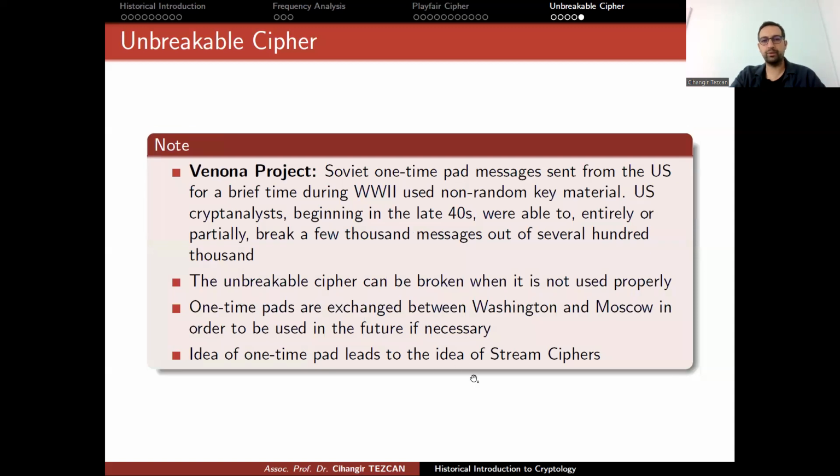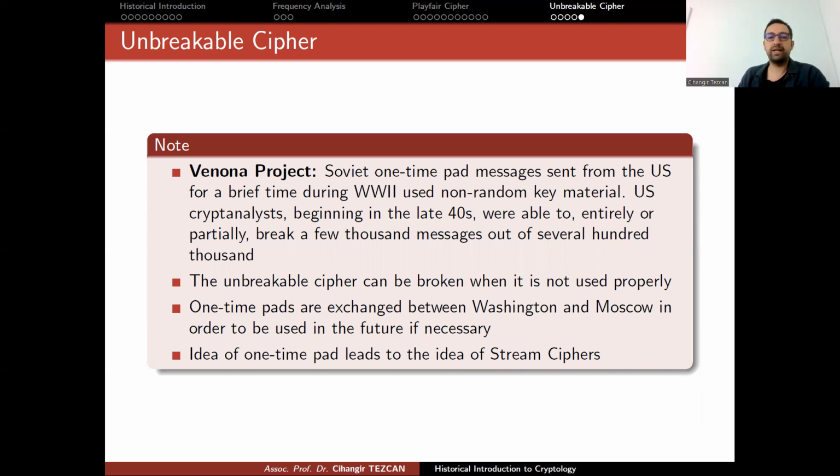So here's an example from the Second World War. This is called the Venona project. Soviet one-time pad messages sent from the US for a brief time during World War II used non-random key material. US cryptanalysts, beginning in the late 40s, were able to entirely or partially break a few thousand messages out of several hundred thousand. Okay?